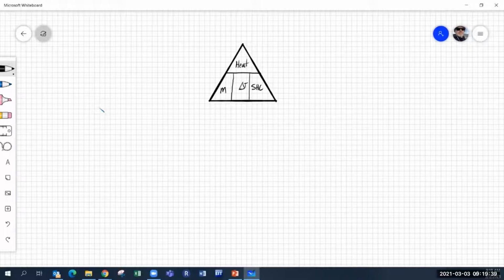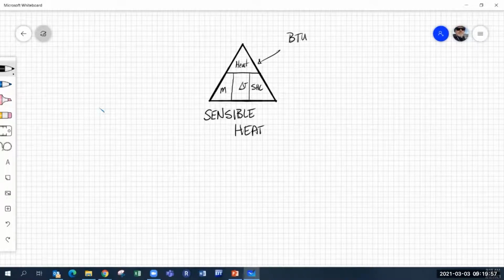And we're going to talk about every one of these. So this formula triangle is for sensible heat. When I'm talking about heat, I'm talking about BTUs or kilojoules is the heat. Okay?